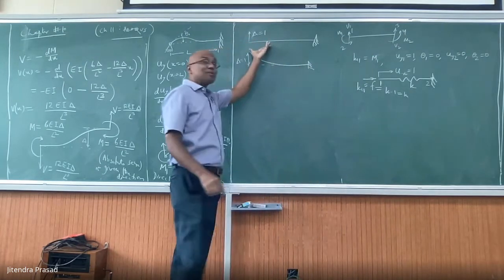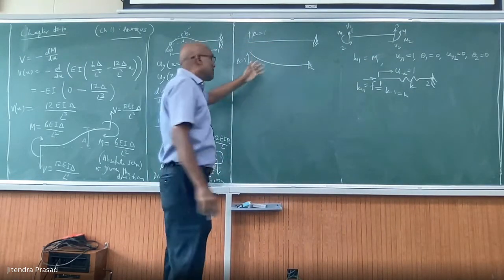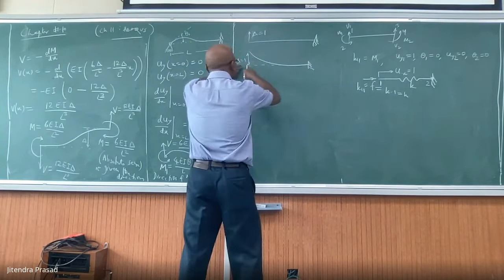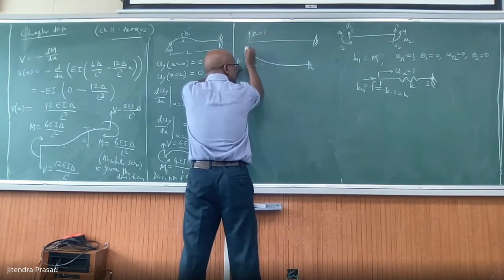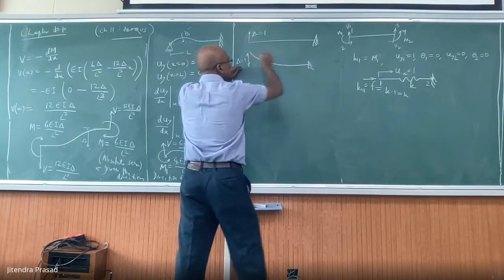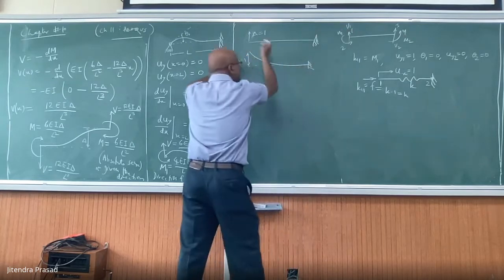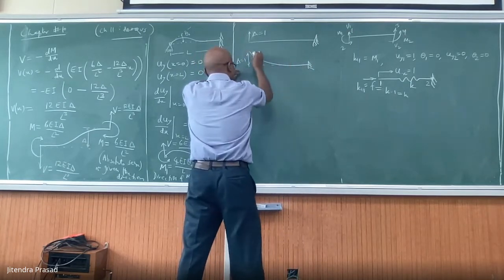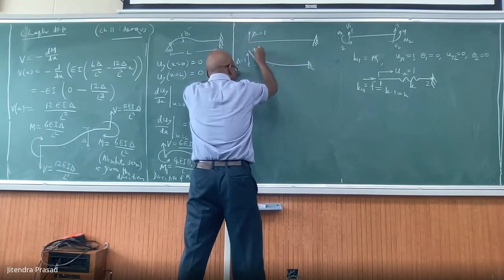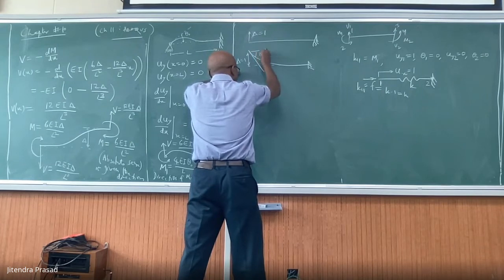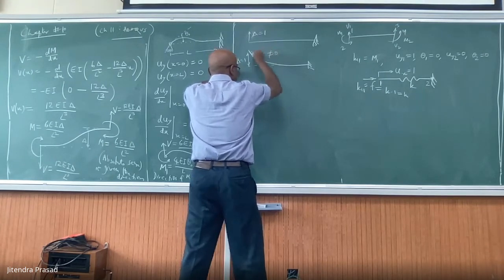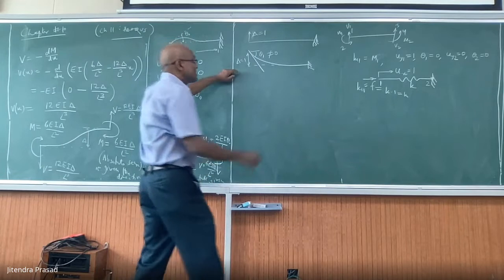Similarly, come to the beam. What are we going to do? We apply a displacement in the Uy direction, that is degree of freedom 1, keeping all others 0. But at the moment, theta 1 is not equal to 0, so we have to constrain it.